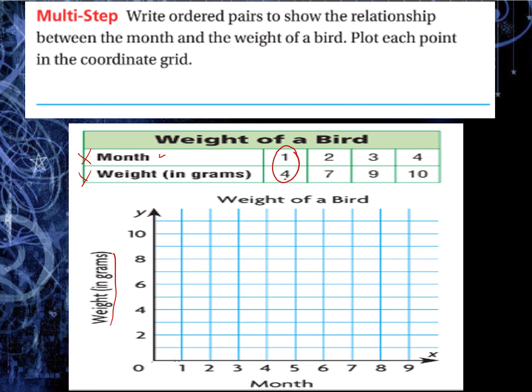So over 1, up 4. 1, 4. Over 2, up 7. 4, 5, 6, 7. Over 3, up 9. And finally, over 4, up 10.